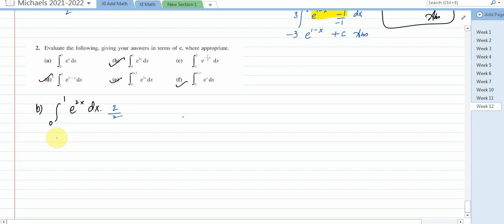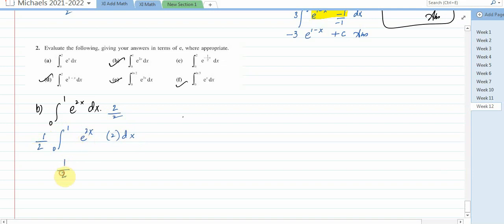So I can say that it's integral from 0 to 1 e to the power 2x. The 2 in the numerator, I'm going to write right next to it, and the 2 in the denominator I will take outside the integral. The integral of an exponential is the exponential when the derivative of the power is written next to it. So now the condition is satisfied here.